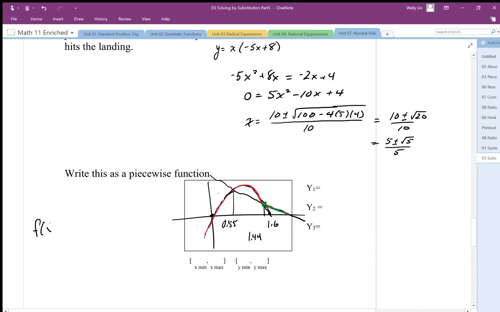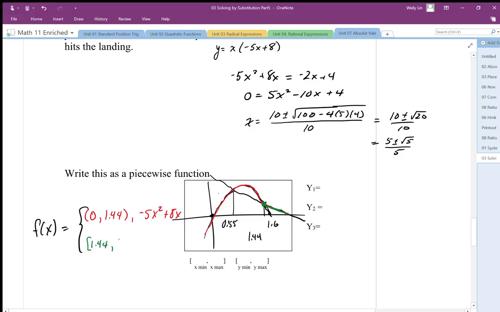My f of x is equal to, and I have my domain, from 0 to 1.44. The equation is going to be the parabola portion of this, which is negative 5x squared plus 8x. And for the domain from 1.44, I'll include the 1.44 at that point, to where it crosses the x-axis.